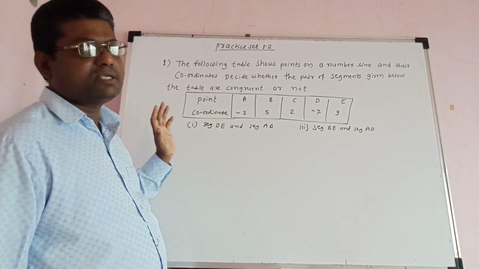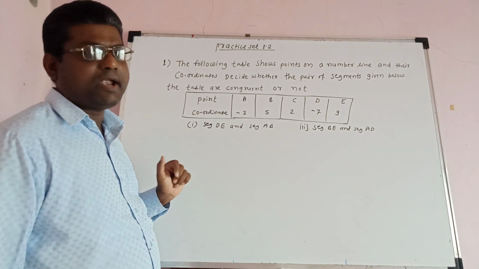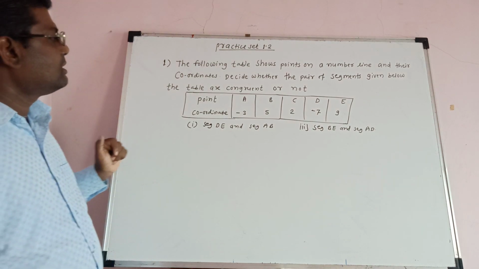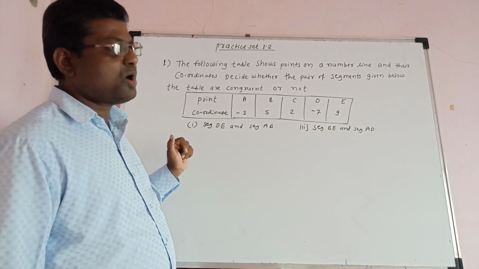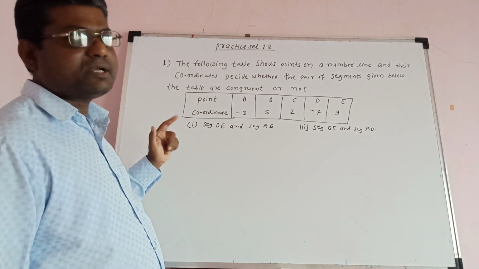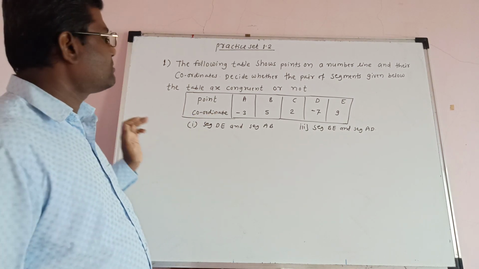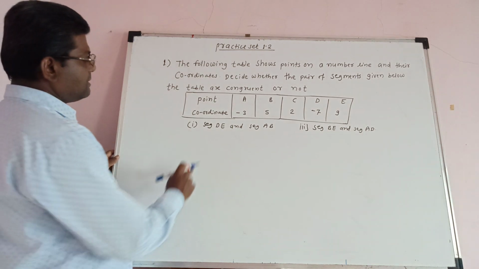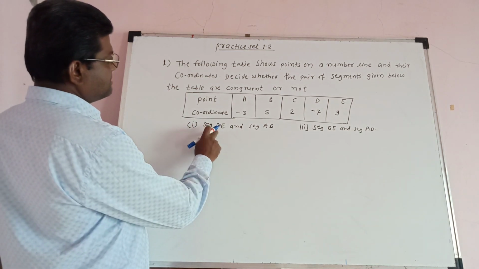While finding the distance between 2 points on the number line, we consider their coordinates, and distance can be found by larger coordinate minus smaller coordinate. Now we have to find distance DE.